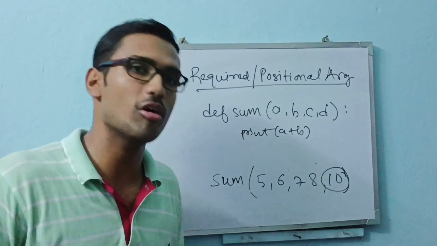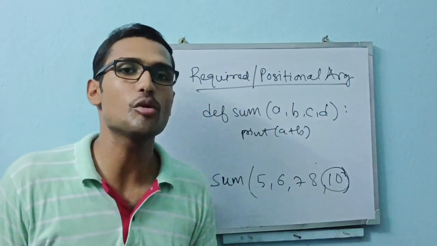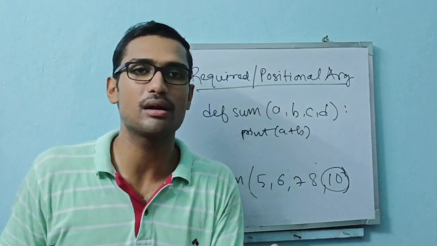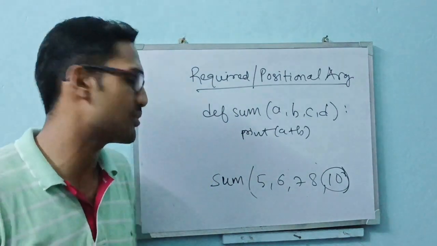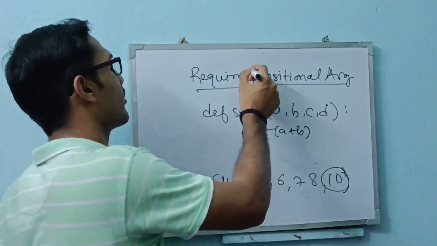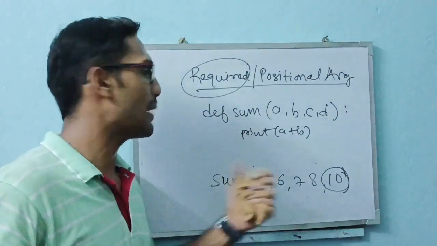You cannot pass more, or less than that. So you need to pass the exact number of arguments equal to the number of parameters. Clear? I hope this is definitely clear to you. So you need to pass values for every parameter.